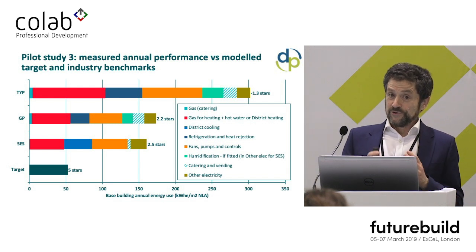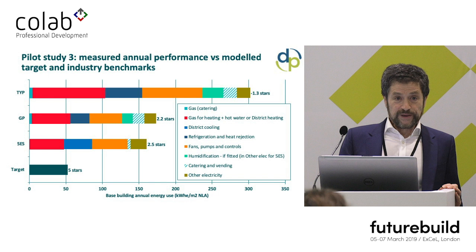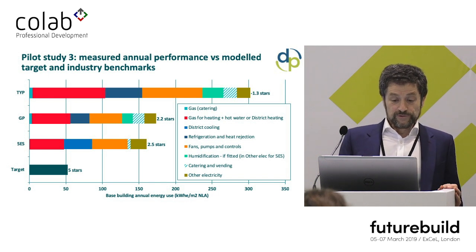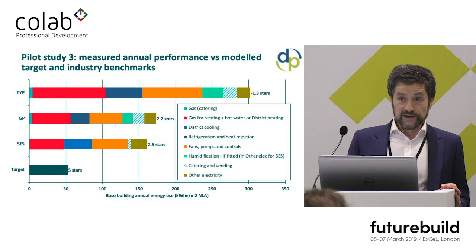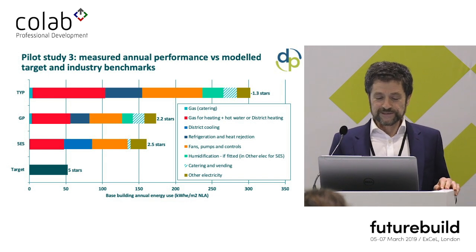Now, there's 2 things that stand out from this graph. The first, I think, is that this building is better than good practice, according to this benchmark. We note that the typical performance is minus 1.3 stars, so compared to Australia, it is awful.